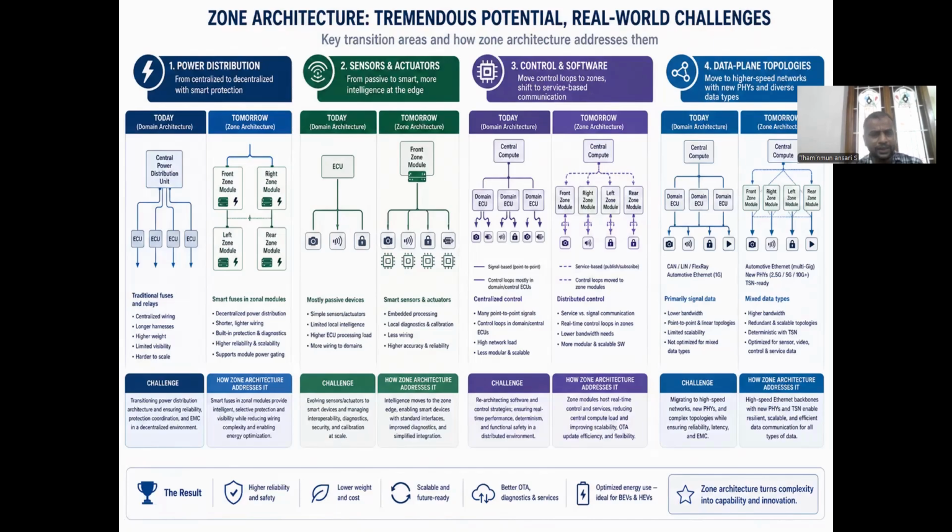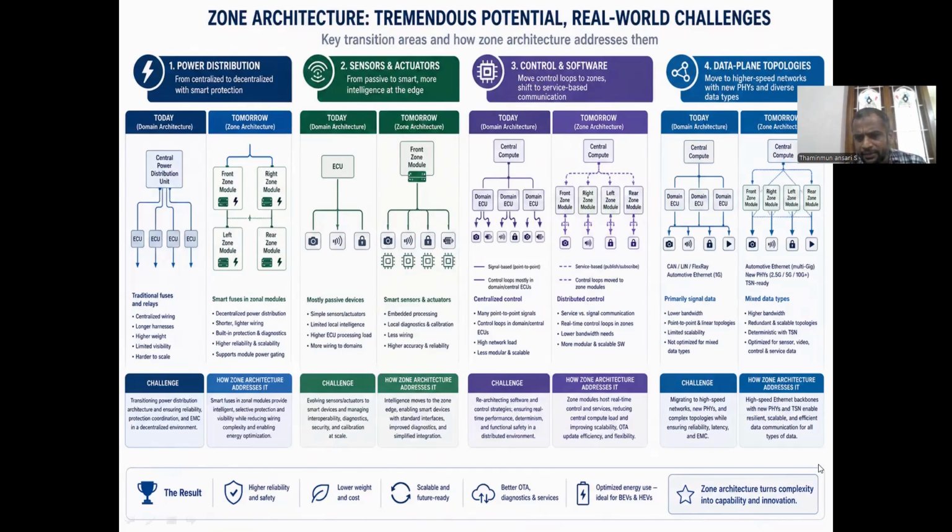They use embedded processing because the sensors and actuators come along with a controller, with local diagnostics and calibration. Most of the basic operations are done in the sensor or actuator itself. Less wiring and high accuracy and reliability, because these are smart, so they can produce a reliable result.